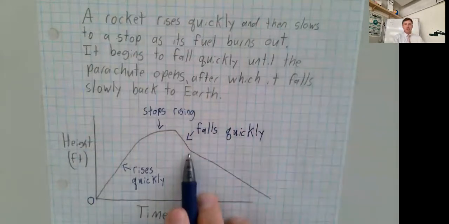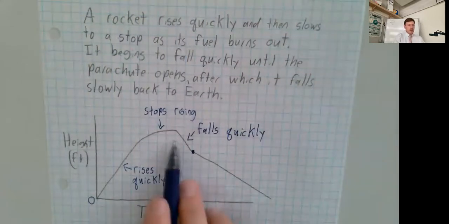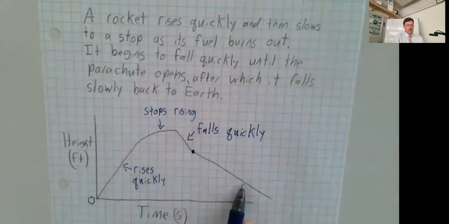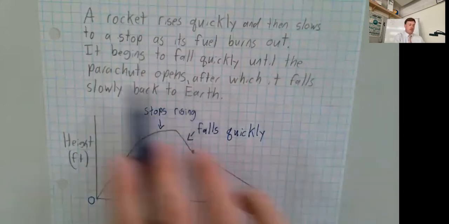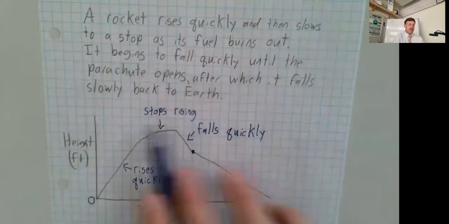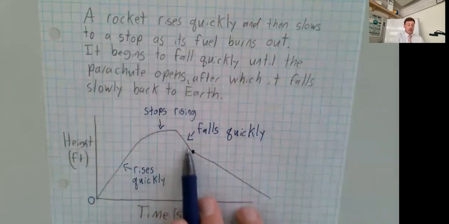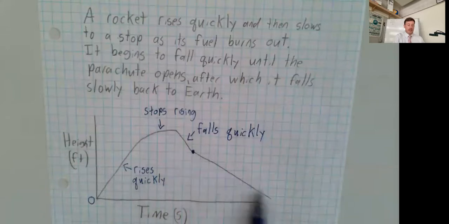But it looks like my slope changes at this point right here. It's still a negative slope, but it's not as steep. So what does that tell me? Well, up here it says it begins to fall quickly until the parachute opens, after which it falls slowly back to Earth. So it's falling quickly here, but slowly here. And we can see that there's a difference in the slope there.